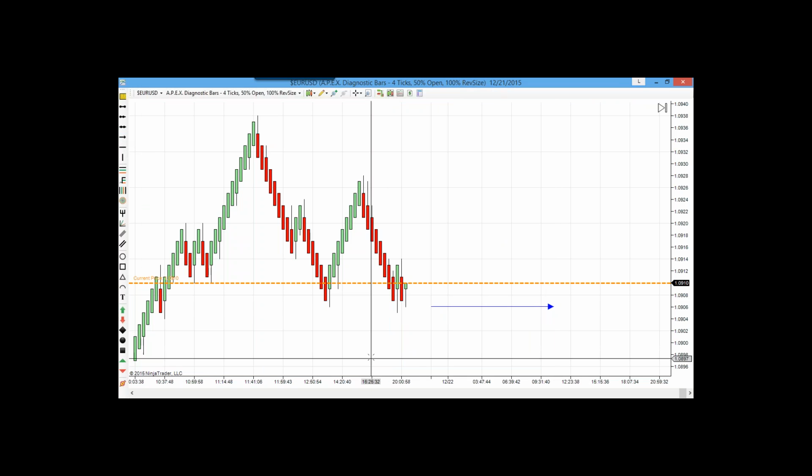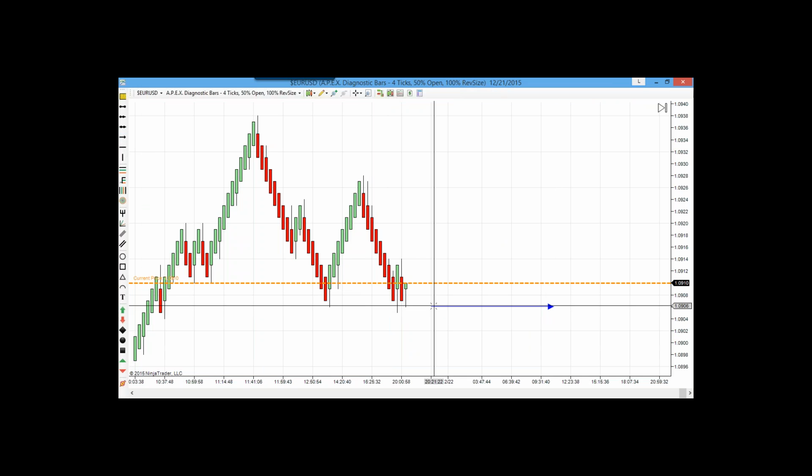Okay? So when I buy this contract for 70 bucks, I'm saying the market's going to expire above this price. Well, it's already above it. Okay?